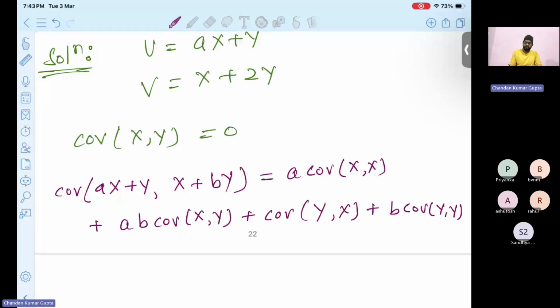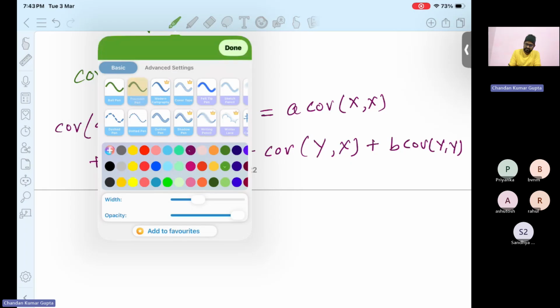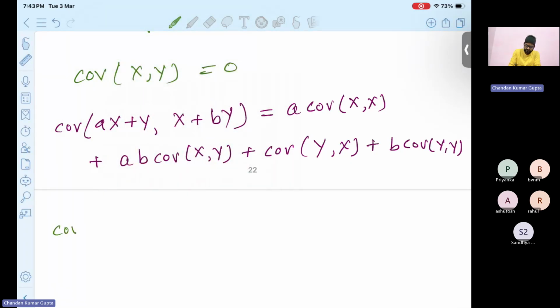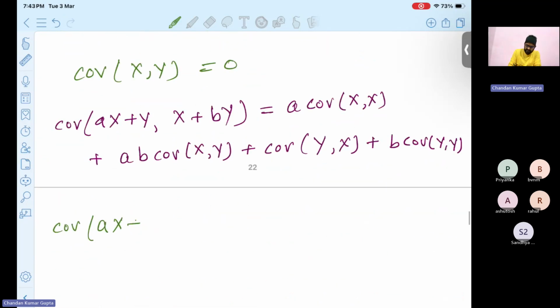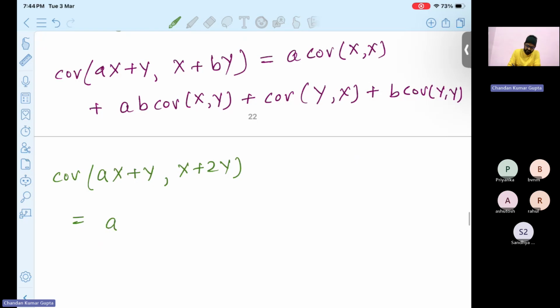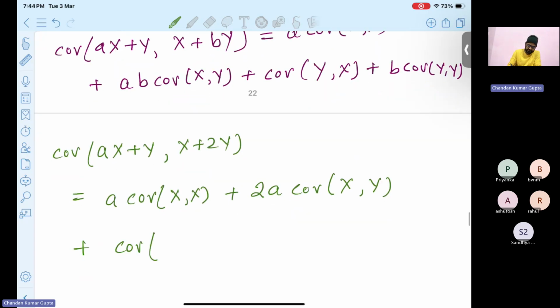So for the same case, when we put in our numerical values, the covariance between ax plus y and x plus 2y comes out to be a times covariance of xx plus twice a times covariance of xy plus covariance of yx plus twice covariance of yy.